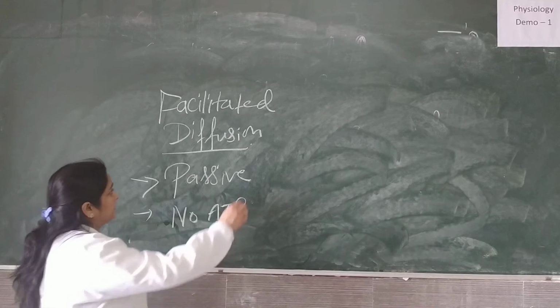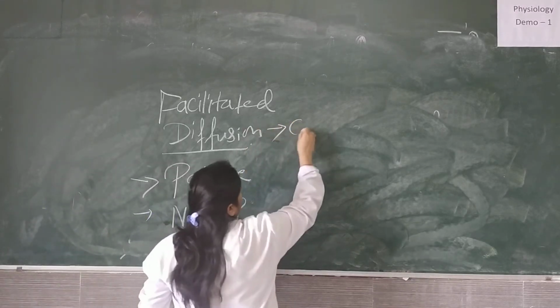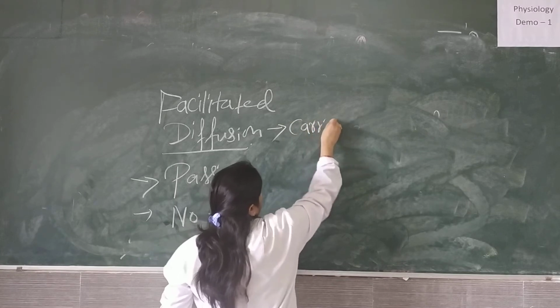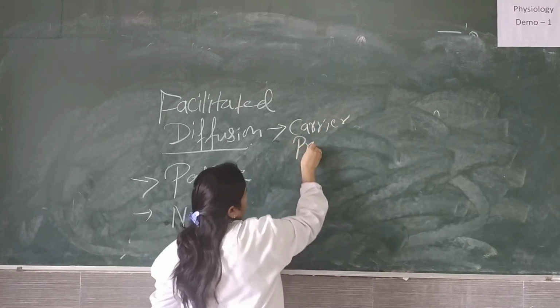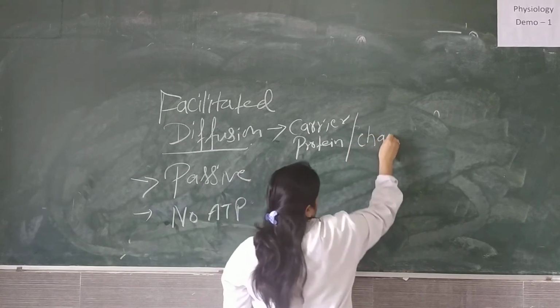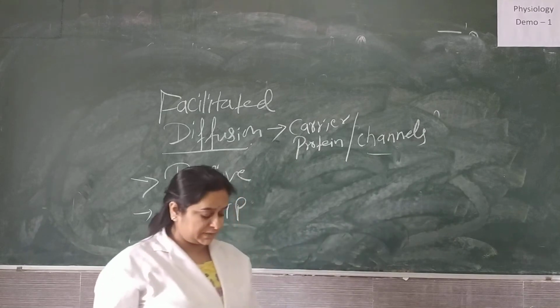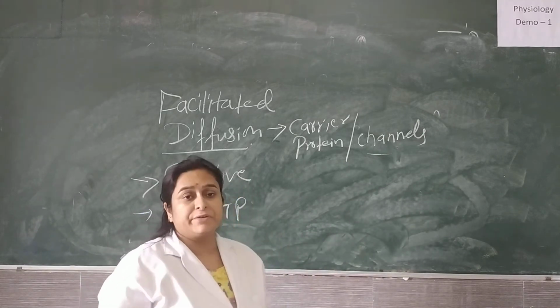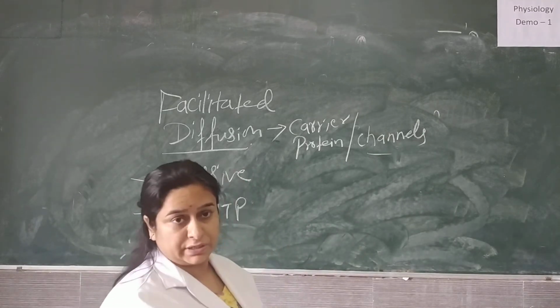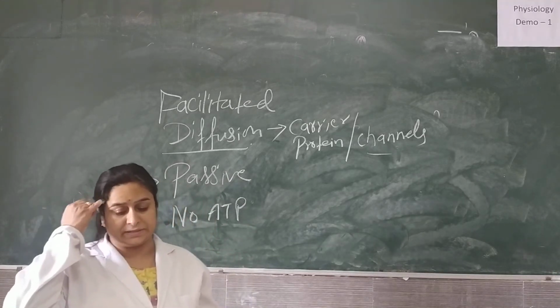And the most important thing, in facilitated diffusion we require carrier proteins or channels. So this is the basic difference between simple diffusion and facilitated diffusion. In facilitated diffusion, we need carrier proteins or channels.